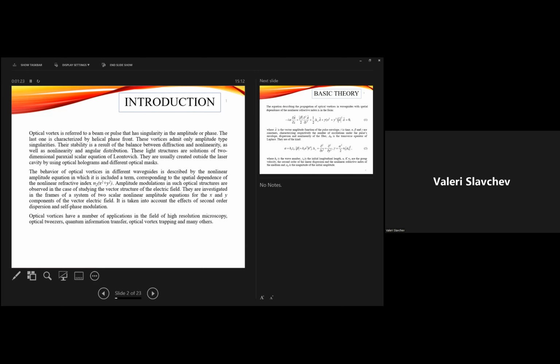The amplitude modulation in such optical structures is observed when studying the vector structure of the electrical field, and they are investigated in the frames of two scalar nonlinear amplitude equations for the components x and y of the vector electrical field. The effects of second order dispersion and self phase modulation are also taken into account.